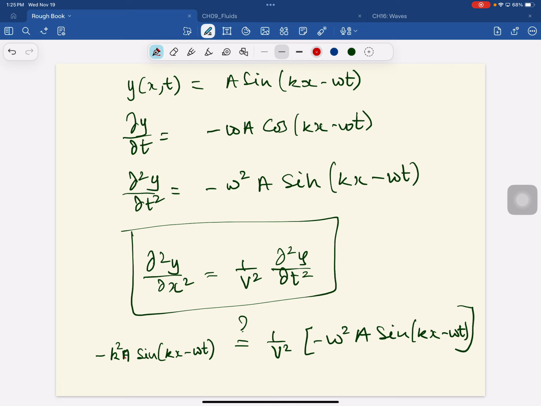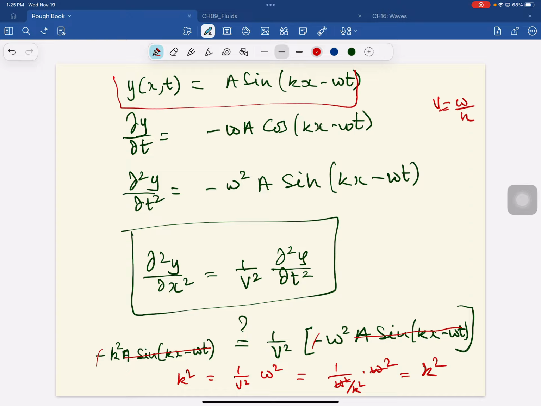We'll cancel this fellow, that fellow, and we'll cancel the minus signs. So our solution works if k squared equals 1 over v squared times omega squared. But what was v? v was the velocity of the wave, which was omega by k. So indeed, this is a solution to the wave equation.